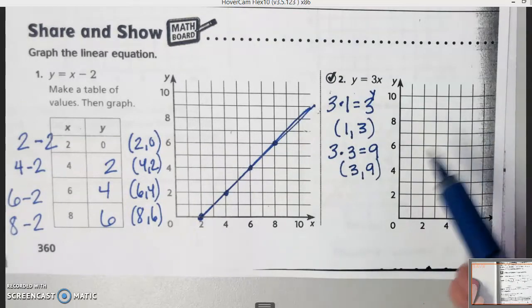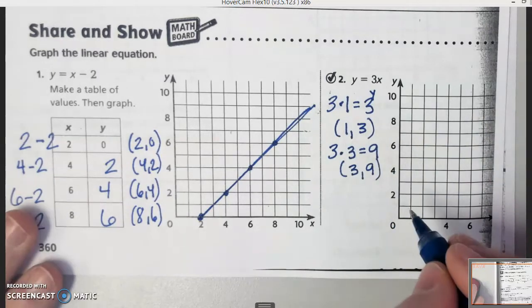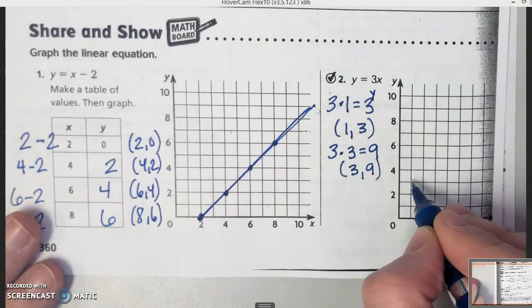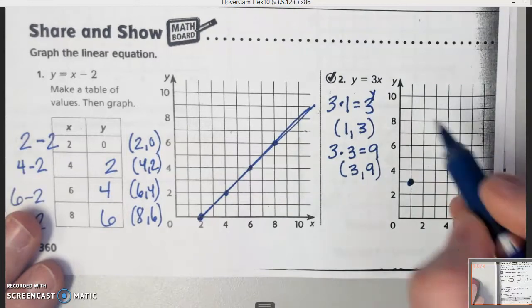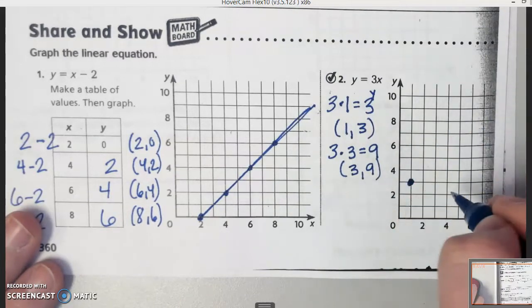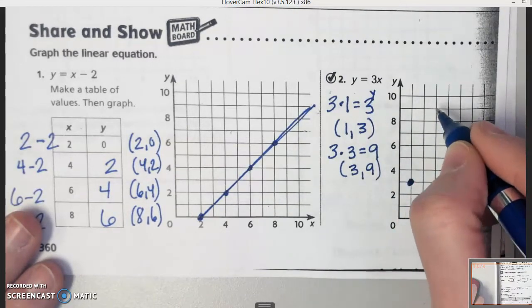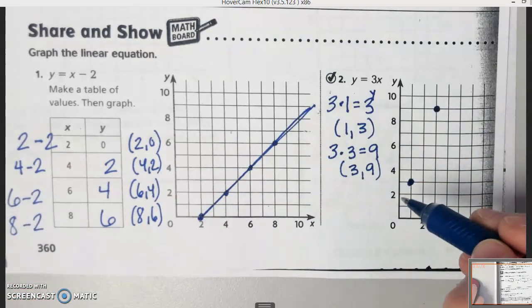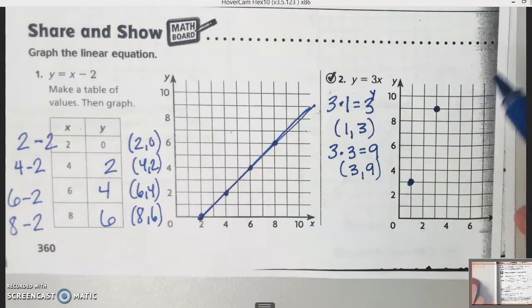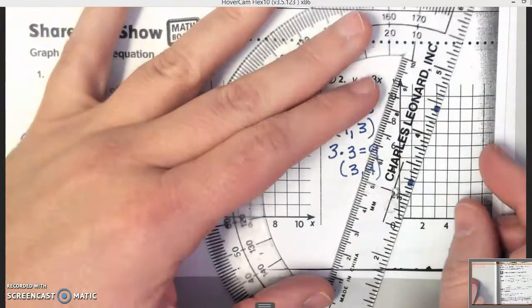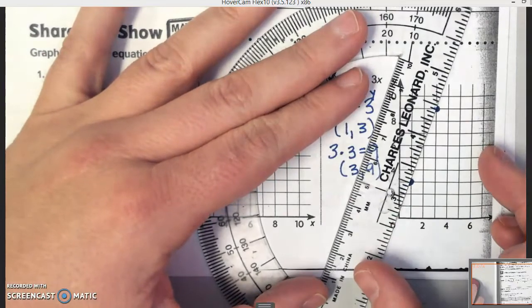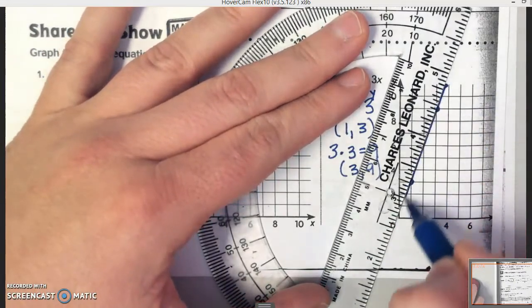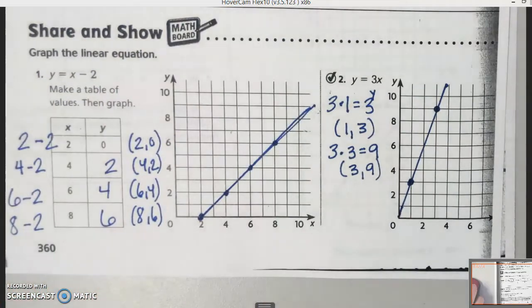Actually, I'm going to stop there because notice if I graph (1, 3), that's going to be right there. And if I graph (3, 9), that's going to be right there. So I don't have a lot of room to do another one, do I? So we're just going to graph the 2 there, and then draw our line.